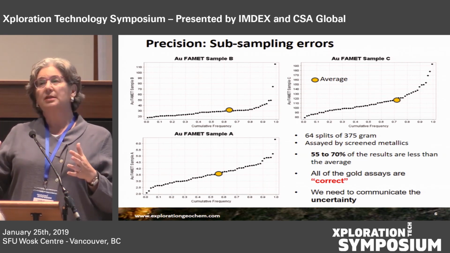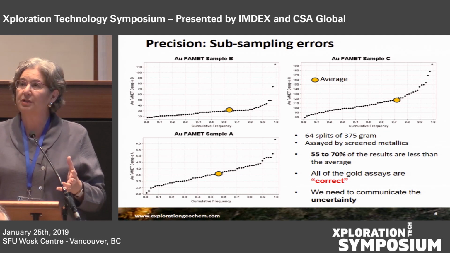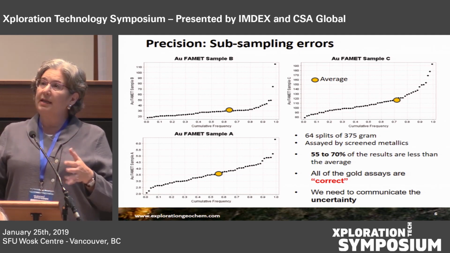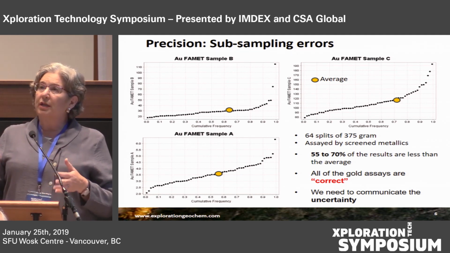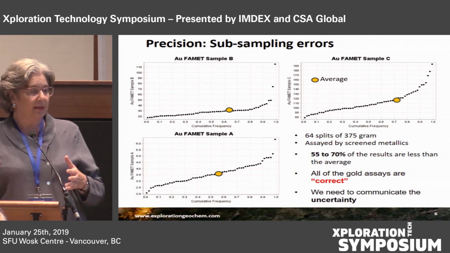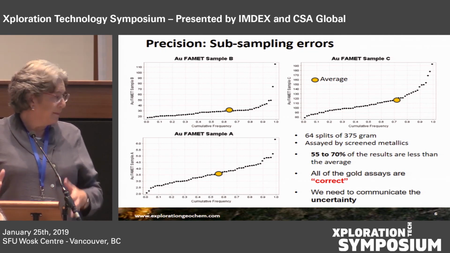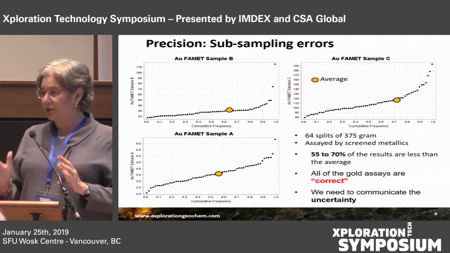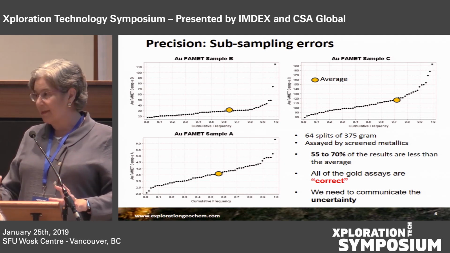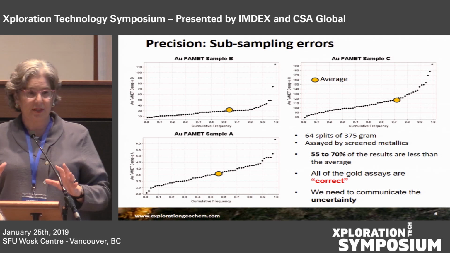Each one of the subsamples was analyzed by screen metallics. And you could get essentially any number from 0 to 110 grams per ton out of the same sample. And every single one of those numbers is correct, right? This is not an assay problem. This is not the lab making a mistake.